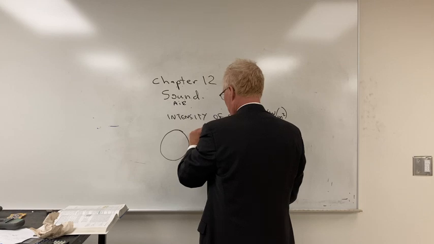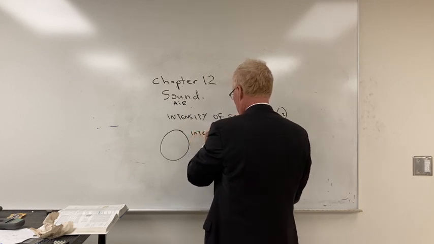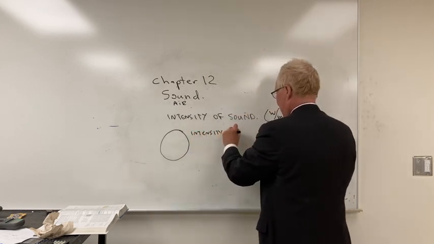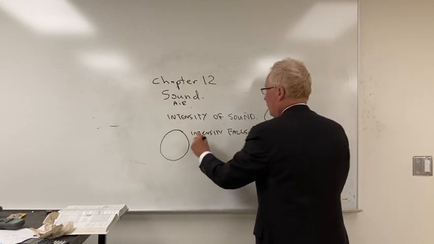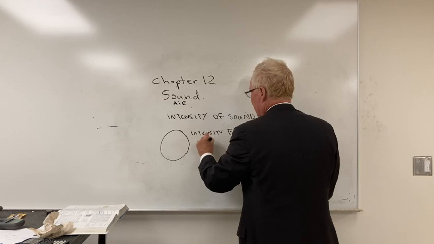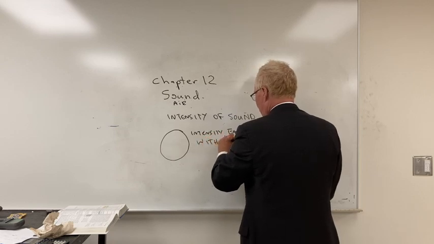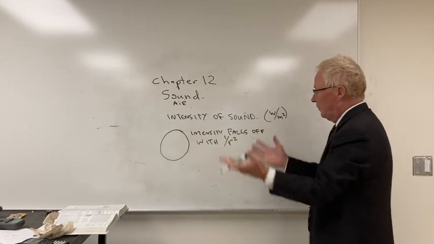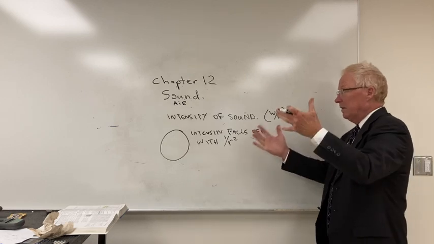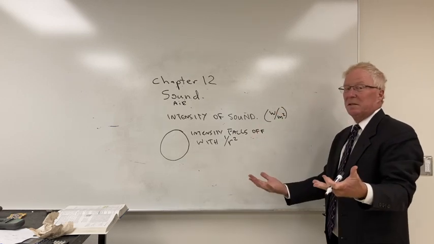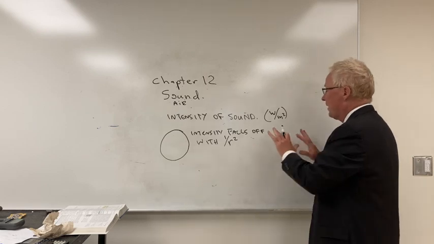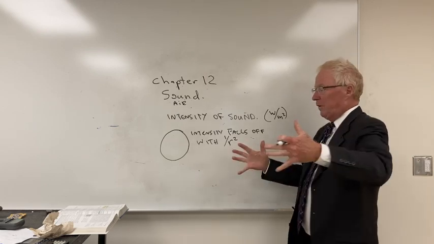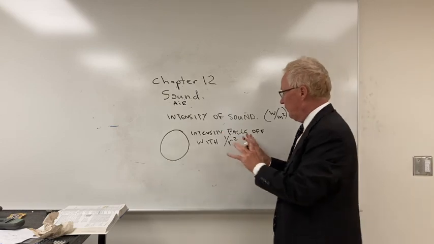Intensity falls off with 1 over r squared. So as we double the distance, it's 1 over r squared, so it'll be 4 times less, 1/4 as much, I should say. So the farther away, that's how it falls off.